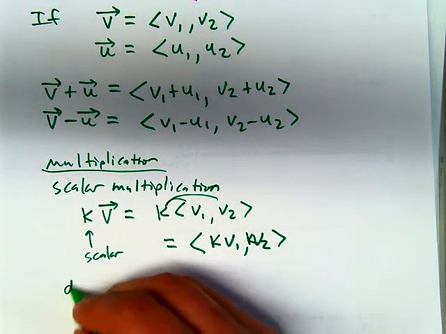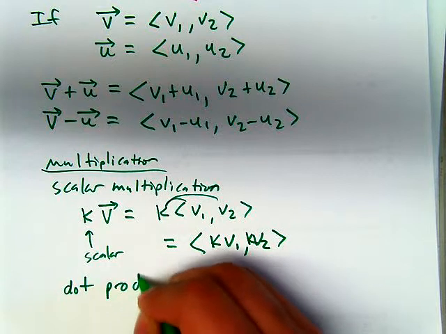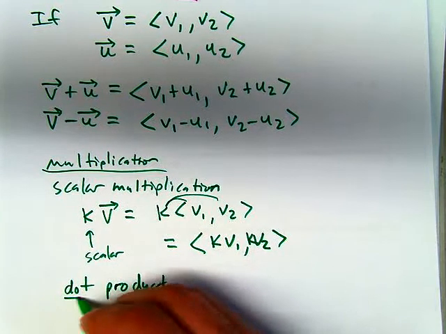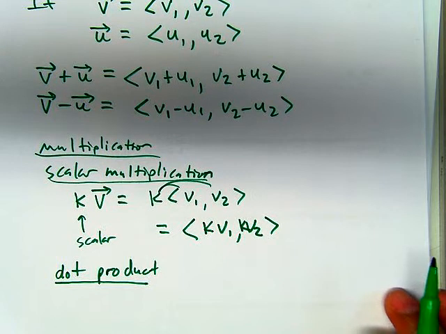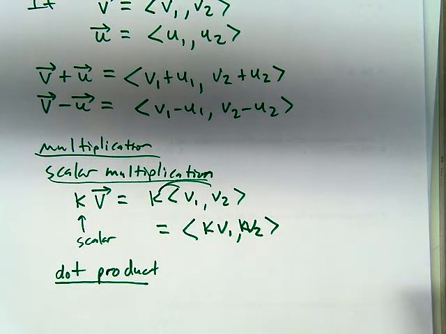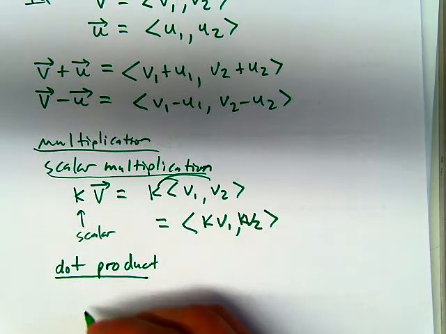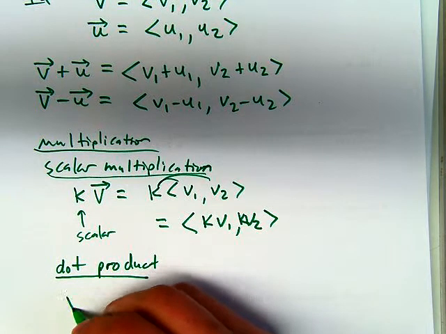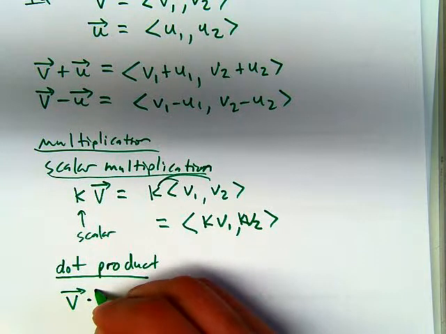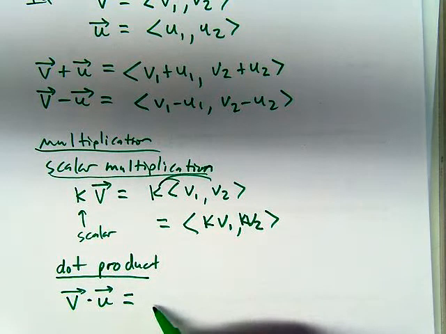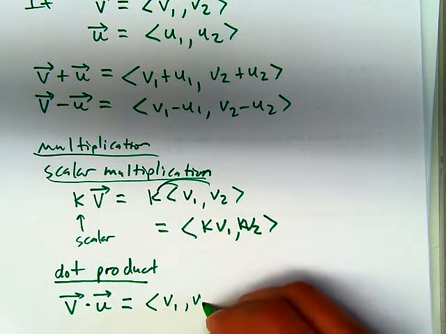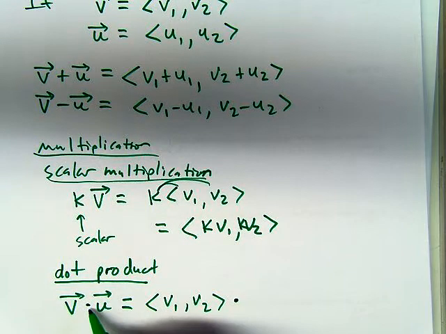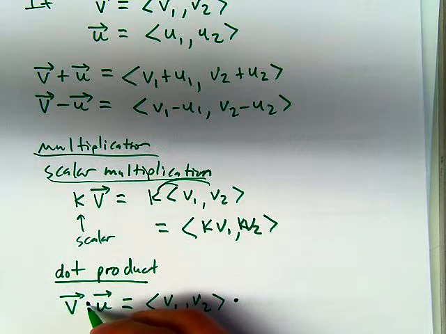Now, this is something that we're not going to do too much of, but it's worth mentioning. There's something else called a dot product, which is something that you will deal with a lot in physics because it's related to work, and it's just a different way to combine vectors via multiplication. And here's what the definition looks like. If I wanted to take v dot u, using the definitions from above, that's v1 comma v2, and we don't say times, we say dot. It's literally a dot.